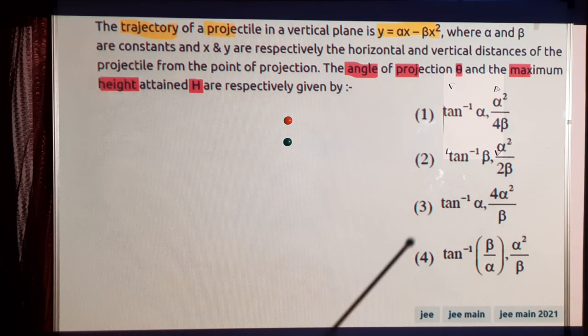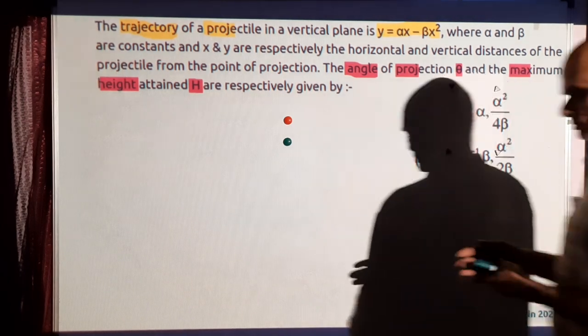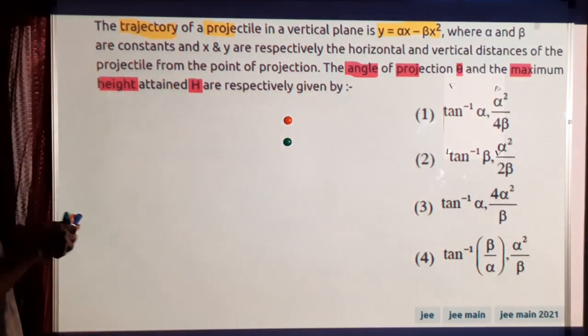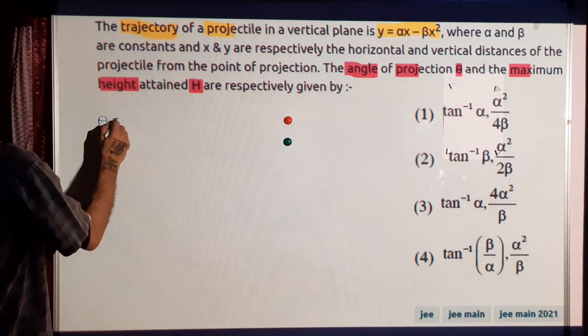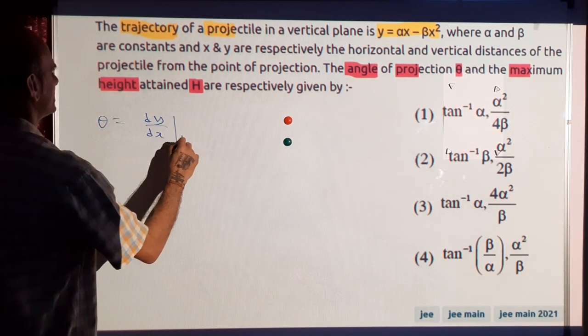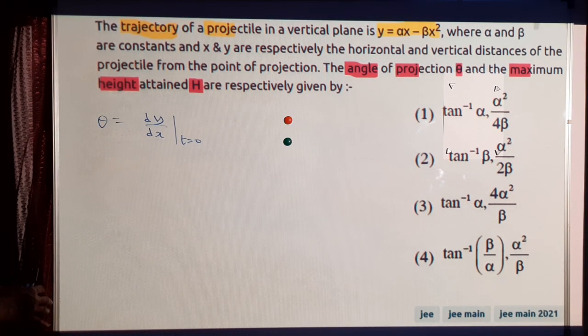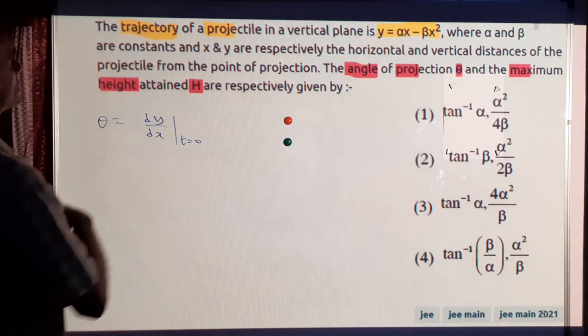So the angle of projection theta is dy by dx at t equal to 0. The angle of inclination at any time is dy by dx, but at the initial point you have to put t equal to 0.